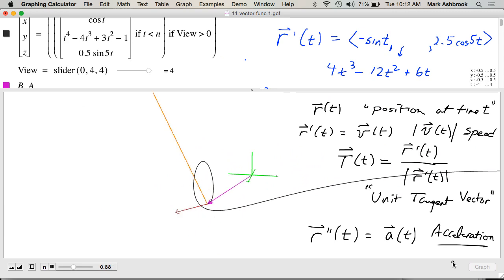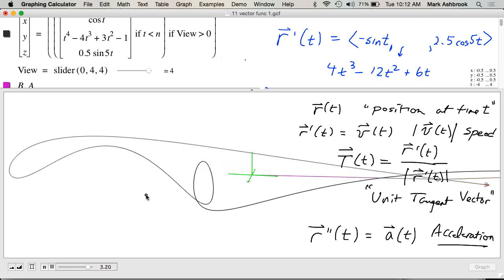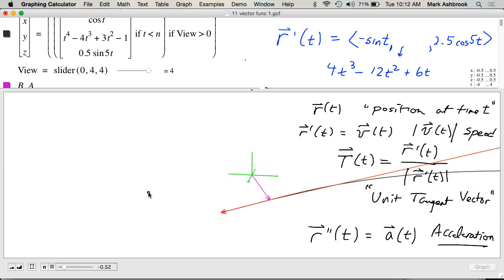Another thing you can do, and we're not going to really talk about meaning, we'll just do the example, is the antiderivative or integral of a vector function. And again, that's exactly what you think it should be.